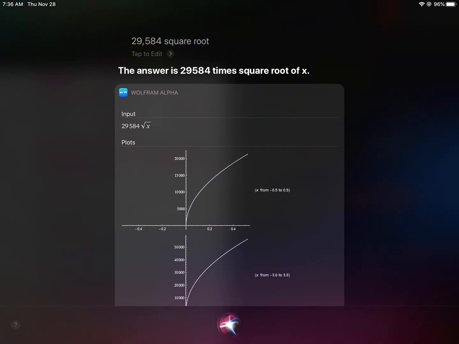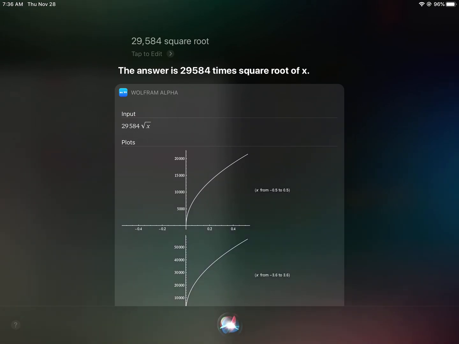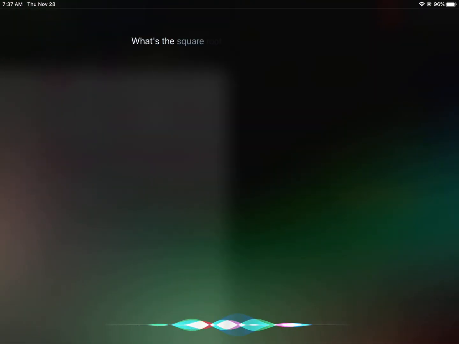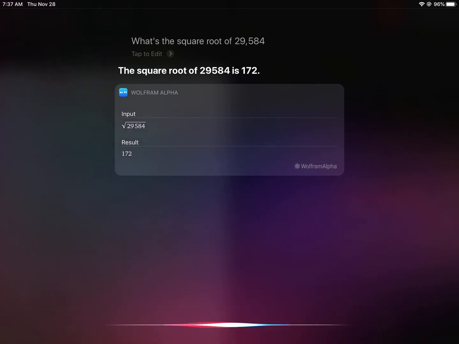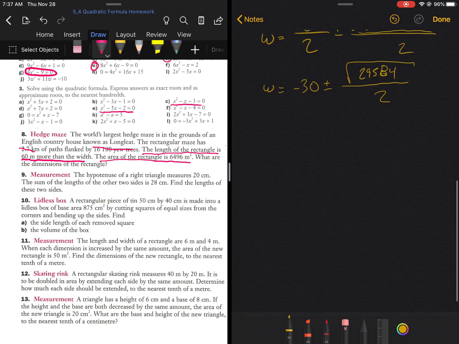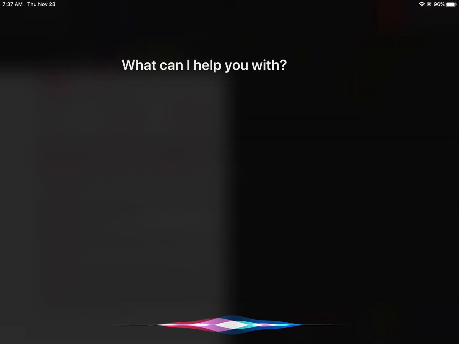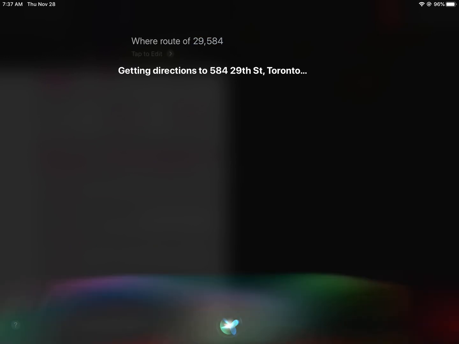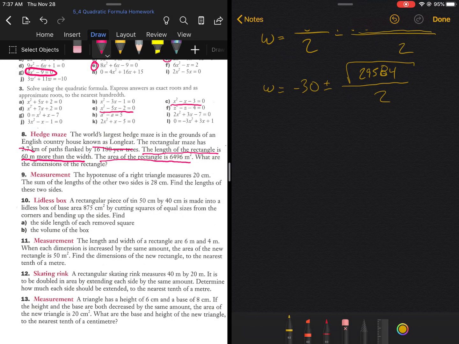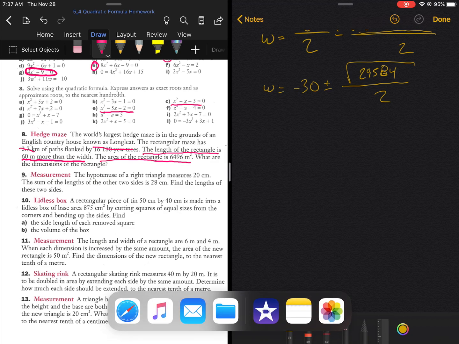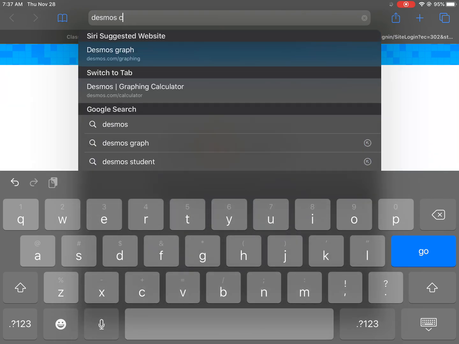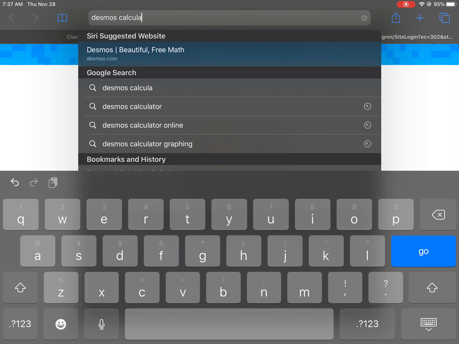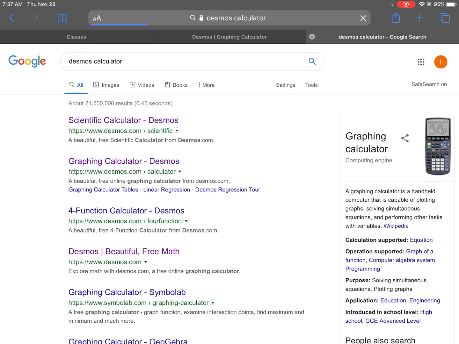Oh my God, I actually forgot. Oops, Desmos has a proper calculator online.